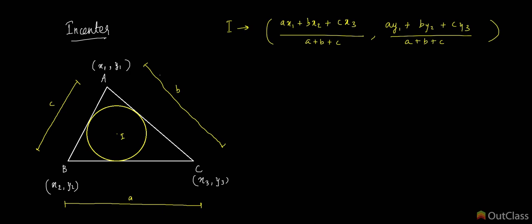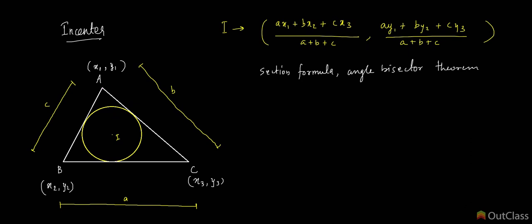This is the formula. Why does it work? It is a combination of the section formula and the angle bisector theorem. Let's see. So first let's draw the angle bisector of vertex A. We know that the incenter is the meeting point of the angle bisectors.